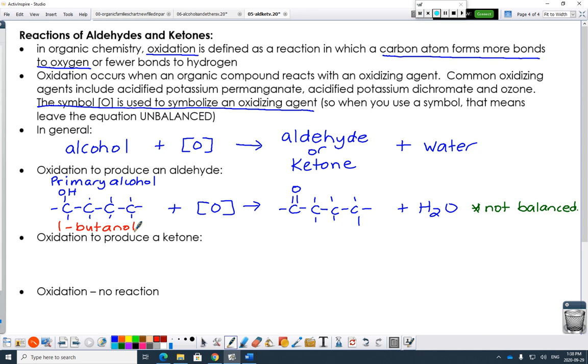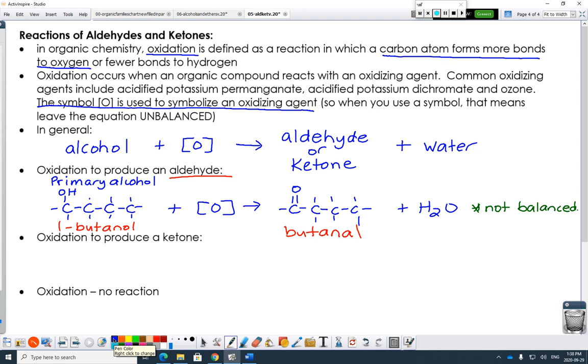Plus the oxidizing agent makes the C double bond O. Where is it? It's at the end of the molecule. That's an aldehyde, and it's butanal. Can you write 1-butanol? Yes, but you don't have to, and sometimes people don't, because aldehydes have to be at the end.